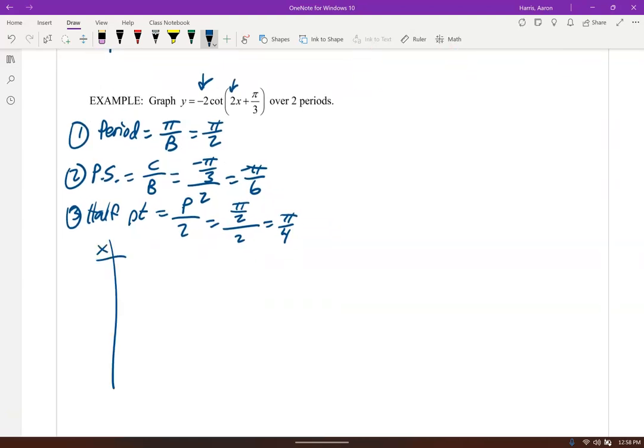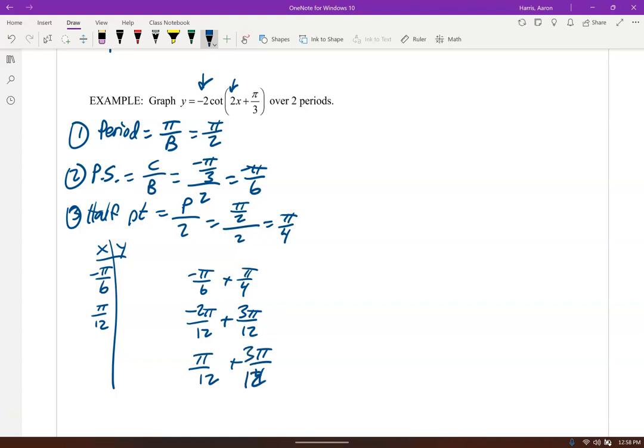So we'll start, it's a cotangent, so we want to start at the phase shift, and then we'll go up pi/4 from there. So -pi/6 plus pi/4, so -2 pi/12 plus 3 pi/12, that gives us pi/12, and then we'll go up another half point from there. So pi/12 plus 3 pi/12 is 4 pi/12 or pi/3.